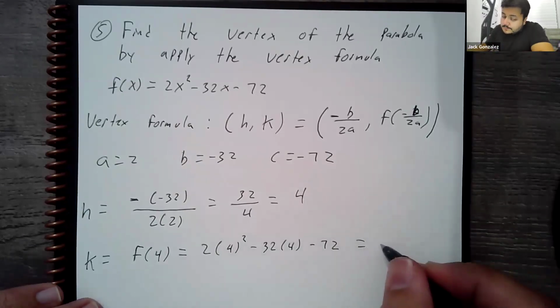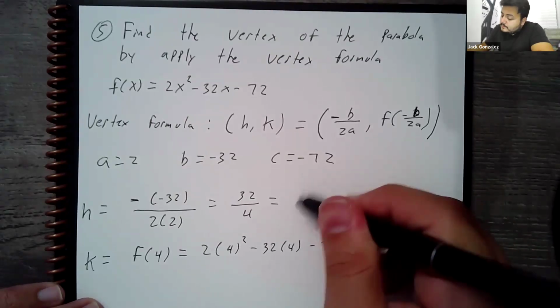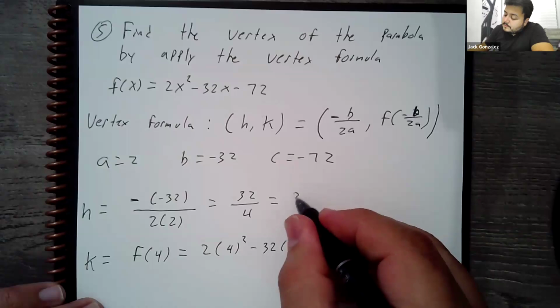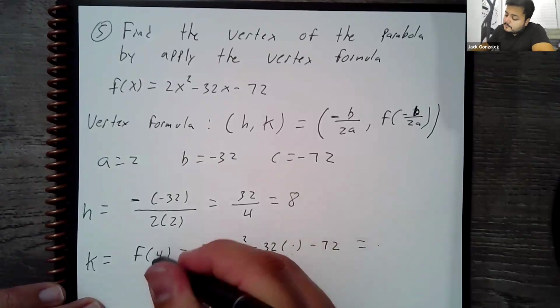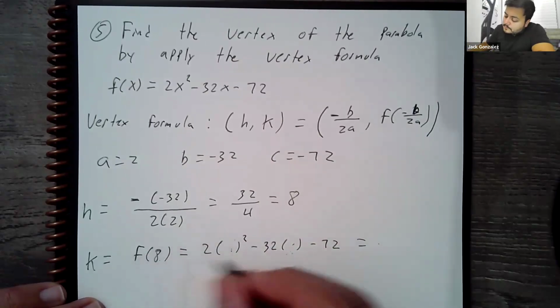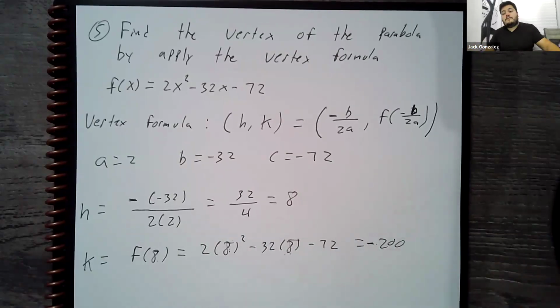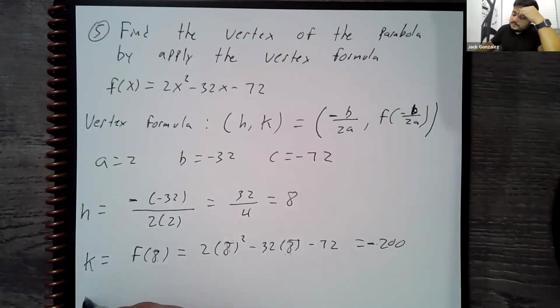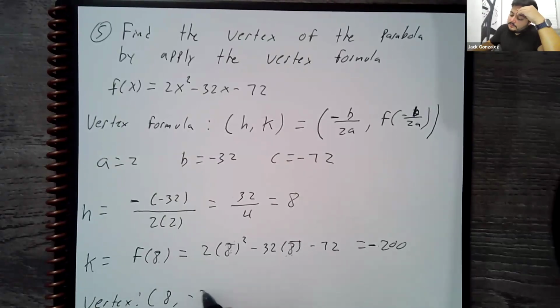That will be, oh, hold up. This should be 8. So vertex is simply the answer, right? 8 comma negative 200.